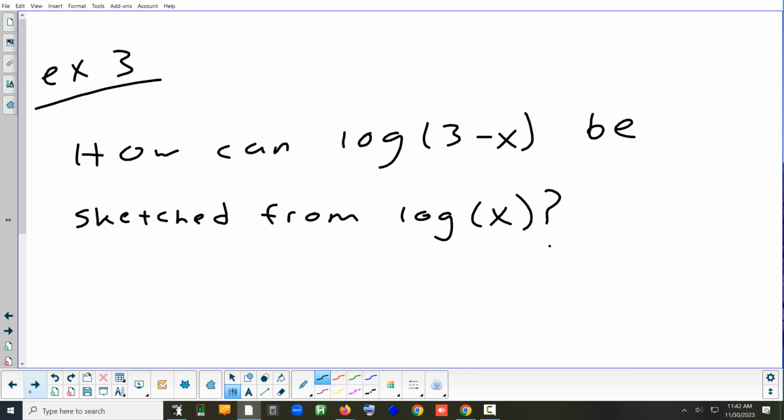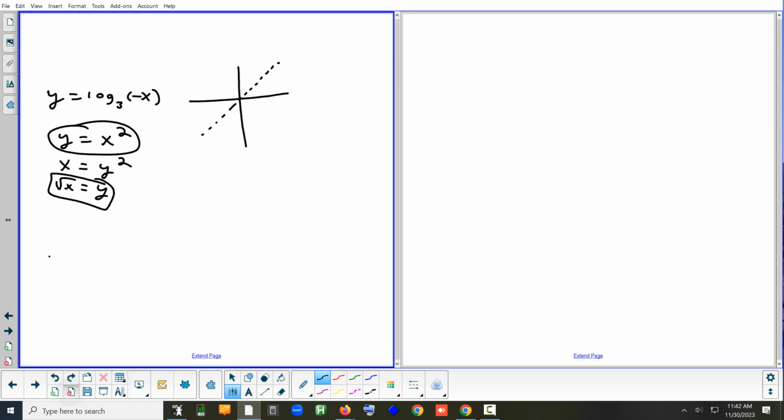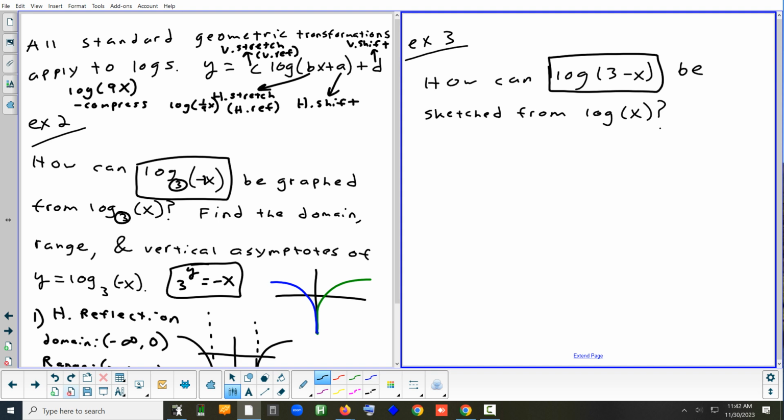All right, so another one. This time we are not doing the domain and range, just describing the transformations. Does what I just put a box around look exactly like the pattern that I showed you for transformations?